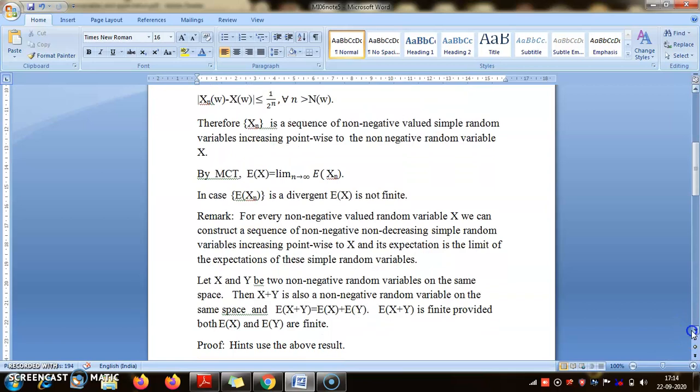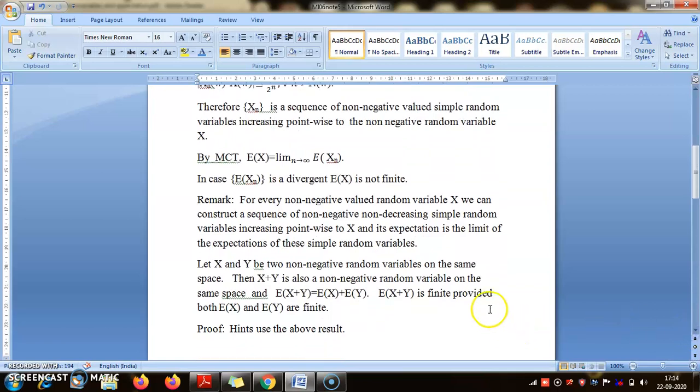And now this approach can be used to prove some results which are otherwise difficult to prove. If you take any two non-negative valued random variables on the same space, then x plus y will also be a non-negative random variable. Now what we can prove is that expectation of x plus y is expectation of x plus expectation of y, and this quantity will be finite provided both of them are finite.